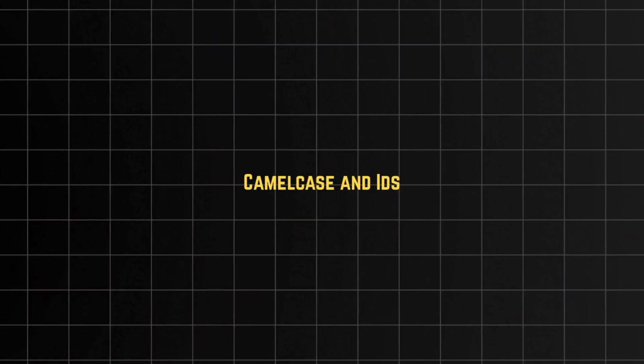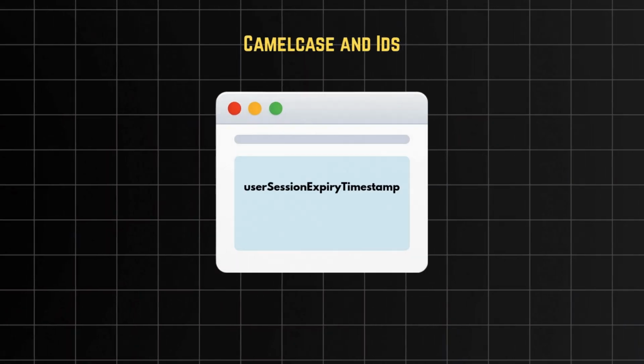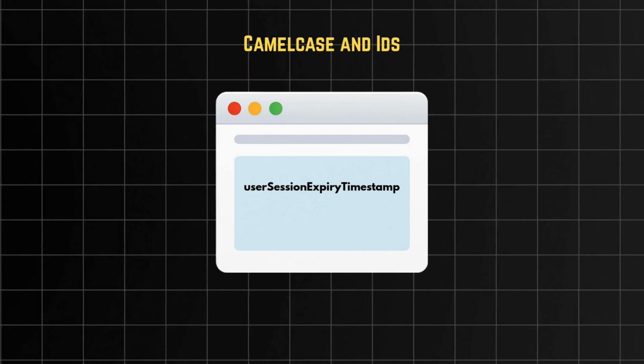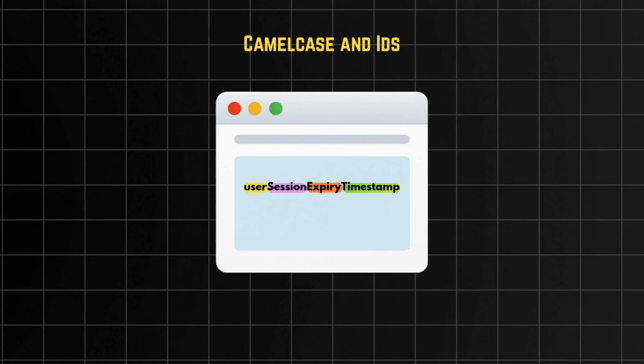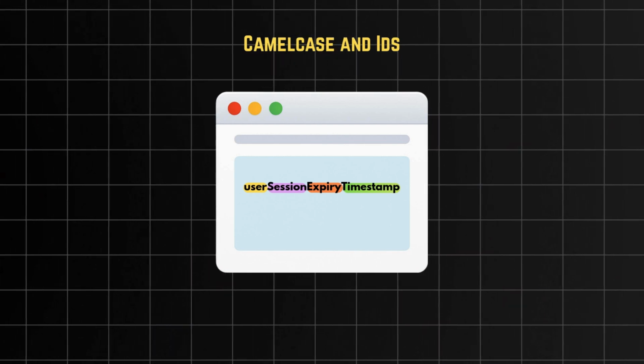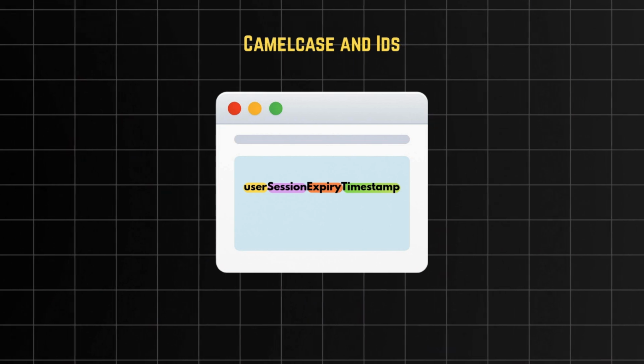Now, since we have understood how tokens and tokenization actually work, let's see some examples where the one word equals one token approximation breaks. CamelCase and IDs. Let's take this identifier, userSessionExpiryTimestamp. It looks like one word, but the tokenizer splits this into multiple tokens. So CamelCase and UUIDs are all token heavy because the tokenizer has to slice them into recognizable subwords.